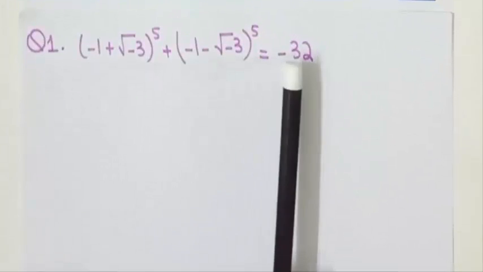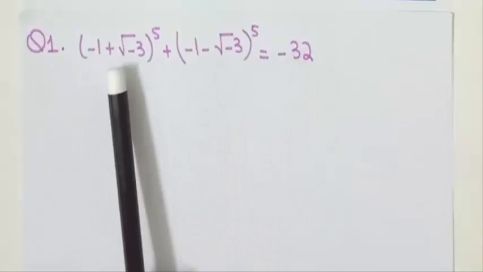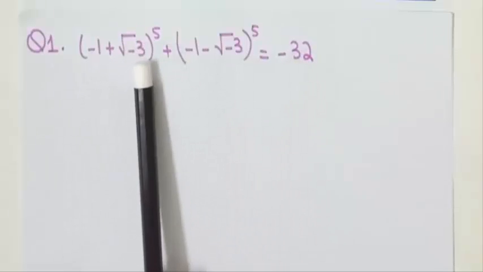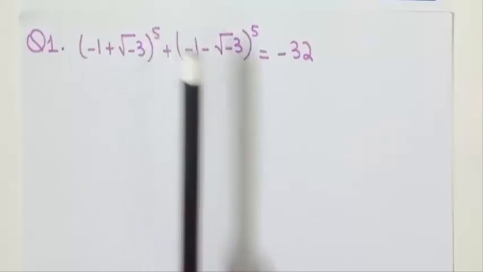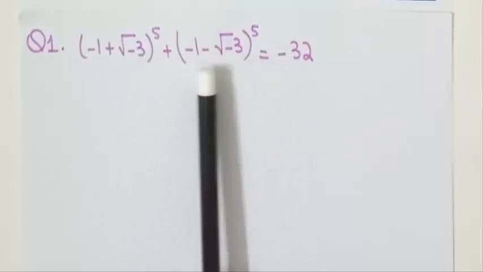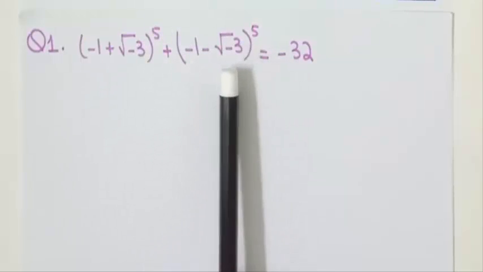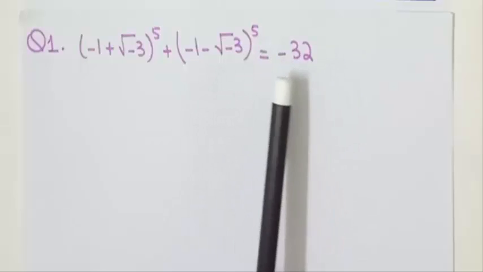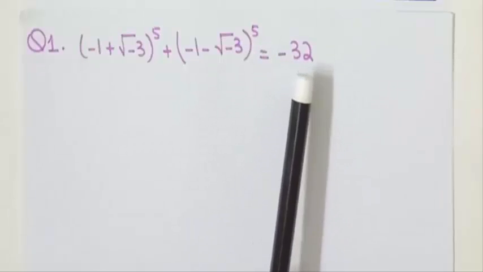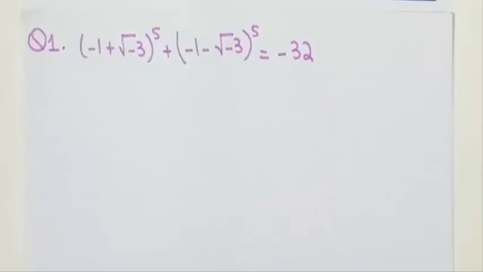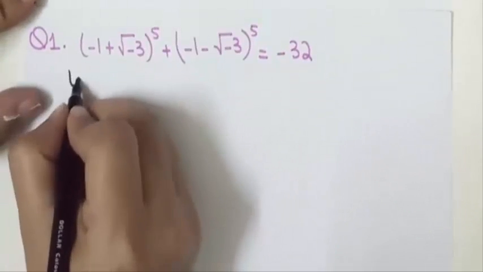So first question we have is (minus 1 plus under root minus 3) raised to power 5 plus (minus 1 minus under root minus 3) raised to power 5 is equal to minus 32. So how we can prove this? We will take the left hand side of the equation.